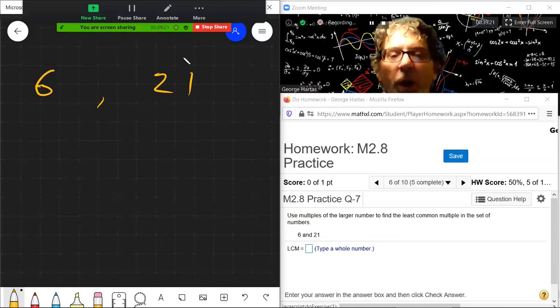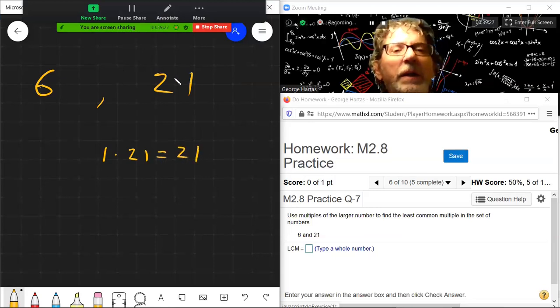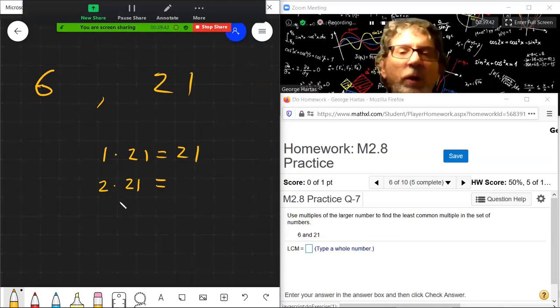This 21 here is the same as 1 times 21, correct? By the next multiple, they mean, how about 2 times 21? That's what a multiple means: 1 times 21, 2 times 21, 3 times 21, 4 times 21, and so on.